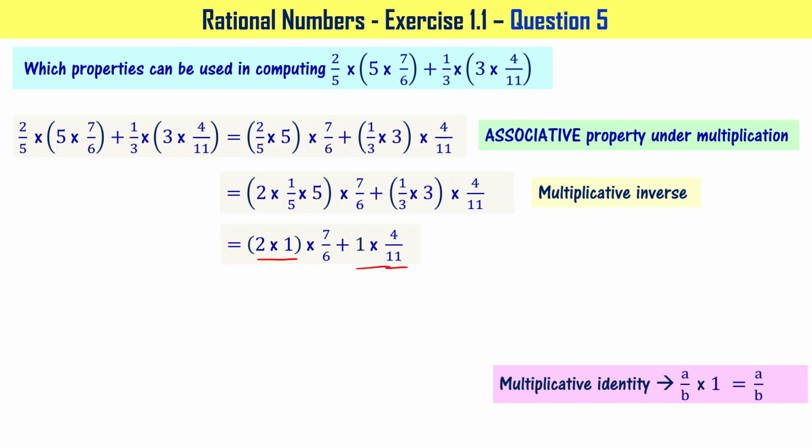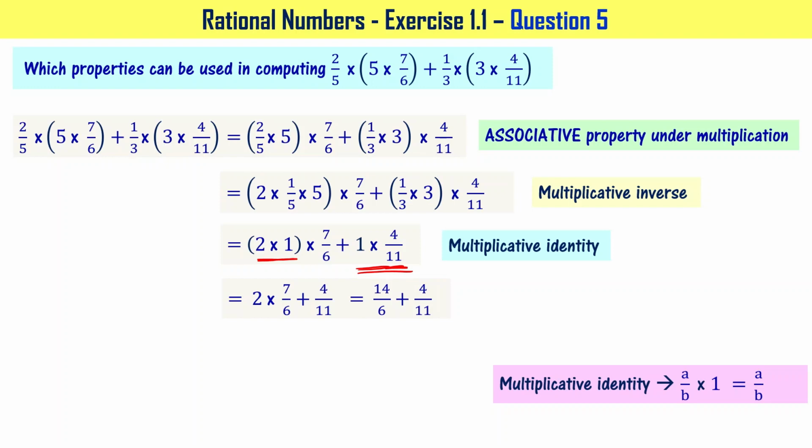It means when I multiply 2 by 1 or 4 by 11 by 1, I'm going to get the same numbers. Here I'm going to get 2 and in this case I'm going to get 4 by 11, right? So let's write that we are using the multiplicative identity property such that it can be written as 2 times 7 by 6 plus 4 by 11, right?